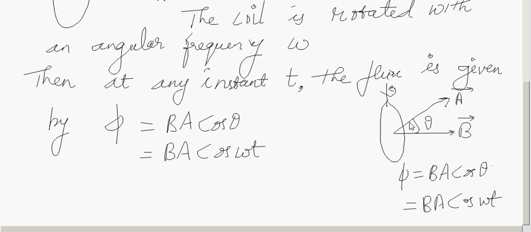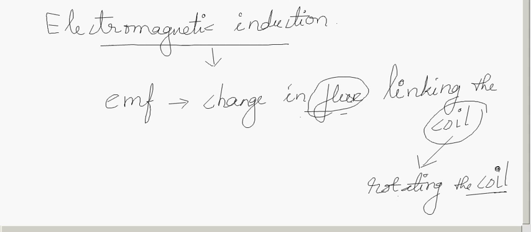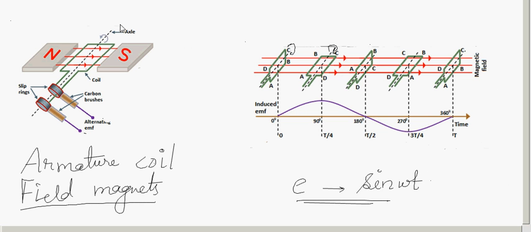Now as the coil is rotated, the angle between the magnetic field and the area vector will keep on changing. The field is constant here, we are not changing the field as such. The flux linking the coil changes only because the coil is rotated. That is why, as I said in the beginning, the axis of rotation is perpendicular to the magnetic field. Now in this picture also it is clear.